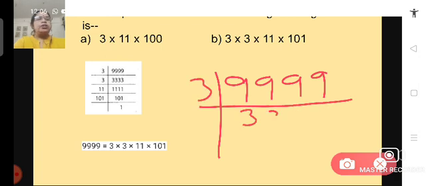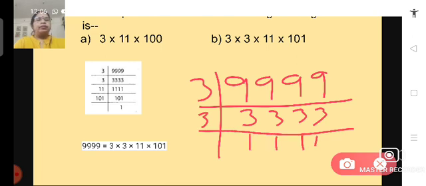We get 3,333. Then which can be again divided by the smallest prime factor, that is 3. So, we get 1,111. Now, 1,111 can be divided by 11 and what do we get? We get 101.